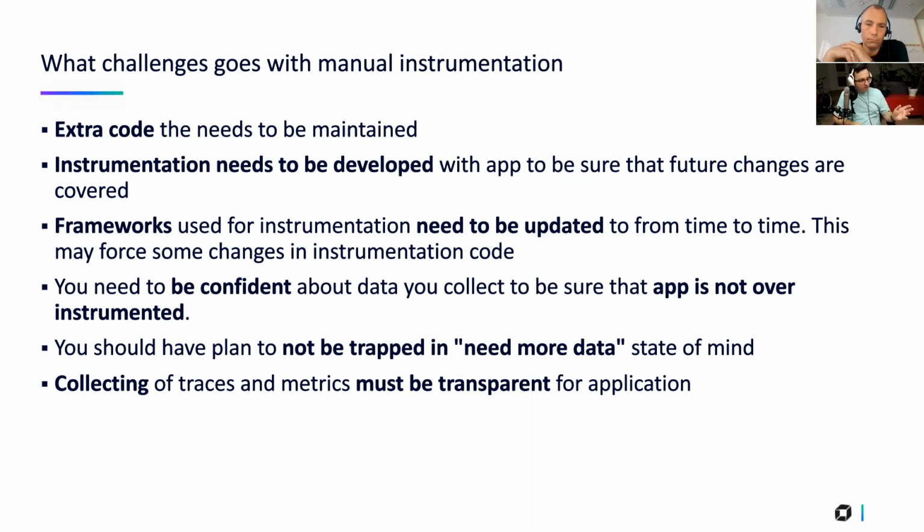And of course, collecting all this data needs to be transparent for the application. We shouldn't produce any overhead on the app. This is really important in terms of the amount of data we are collecting, the way we are collecting that data, and the points we picked to collect data, because some of them are really sensitive and we cannot just instrument them.